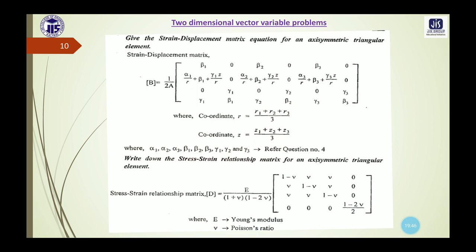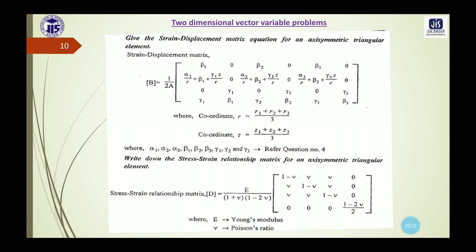Based on the type of the numerical we need to use the formula to calculate the area of the triangular element. There is one formula based on the 3 by 3 matrix, and another is the simple formula, half into width into height, or you can say half into base into height, to calculate the area of that axisymmetric triangular element.